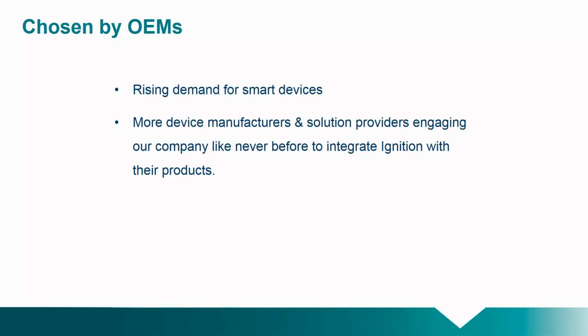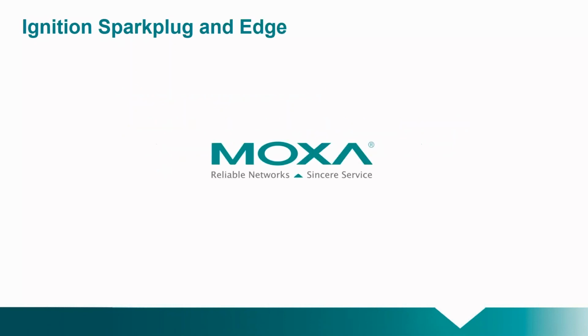It's really exciting for us to see this, and Moxa is one of the big partners who we're doing this with. So Moxa has several different offerings on the Edge IoT gateway side, in addition to the industrial PC side, that all are really good at running Ignition, both running Ignition Edge and running a more full Ignition gateway if that's something that's needed.